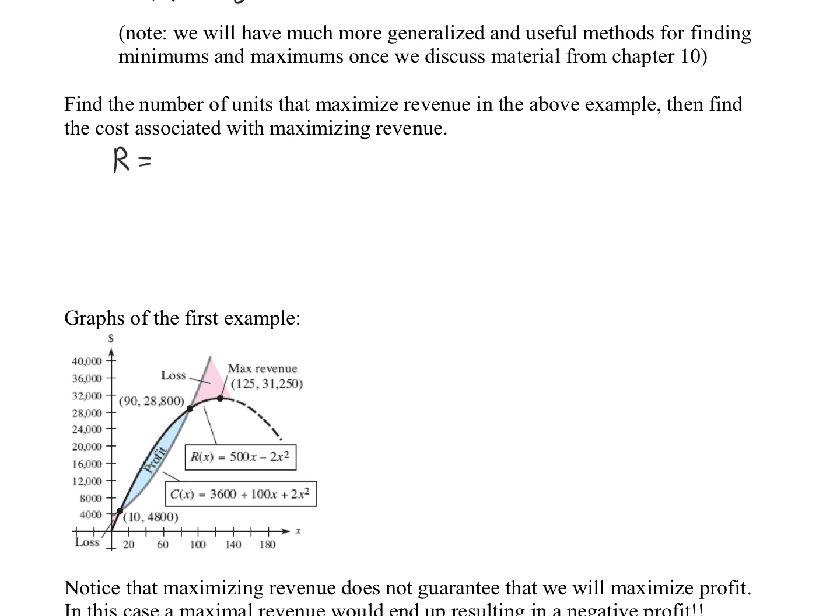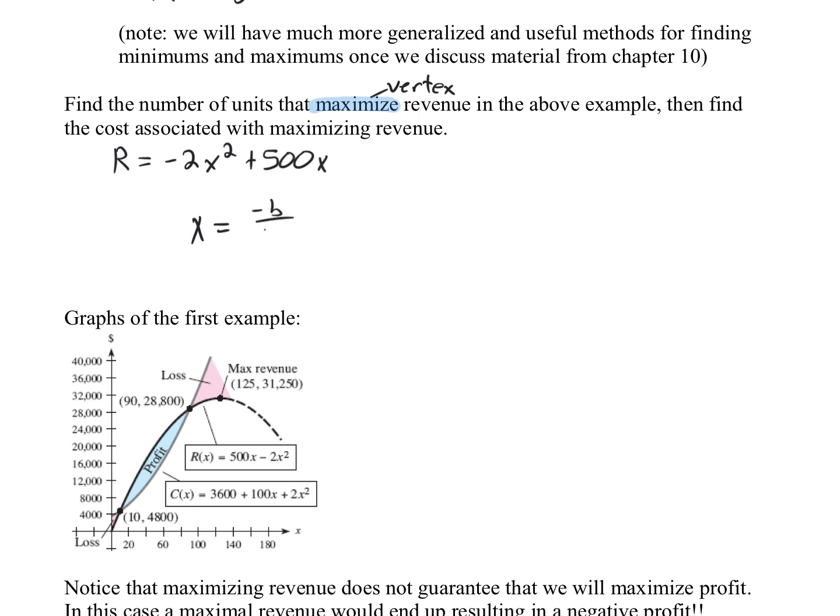R is equal to, and I'm going to write this in that descending order that sometimes feels more comfortable than the notation that's shown here. I see the word maximum, so right here I'm going to maximize revenue, and so then I immediately know that I need to use the vertex formula. So we're thinking about a vertex.